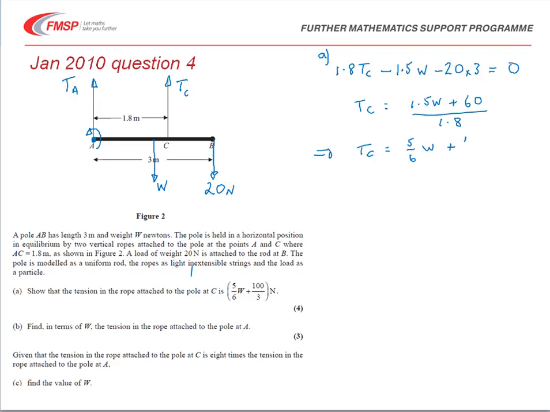Perhaps what we should do is write it as 600 over 18, because this is a show that question. We've actually been given the information that we need to find, so we need to be careful to show enough working to say that we've done the question, rather than just copying the answer from the question itself.